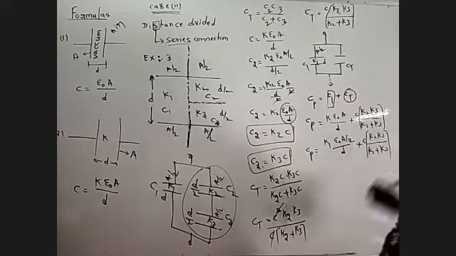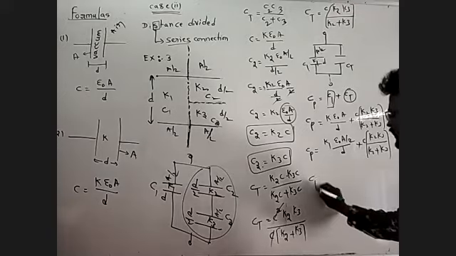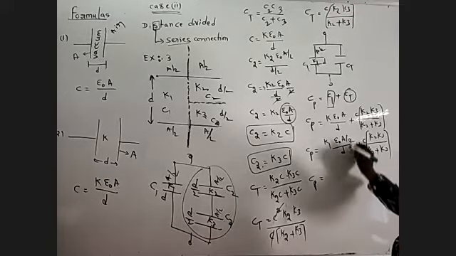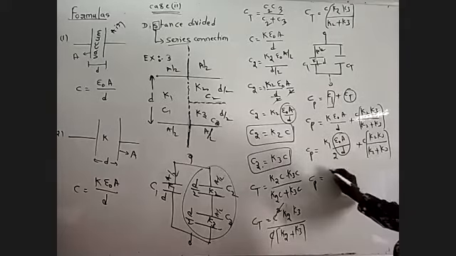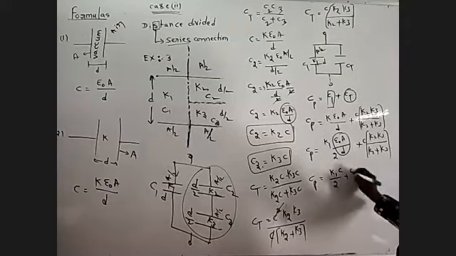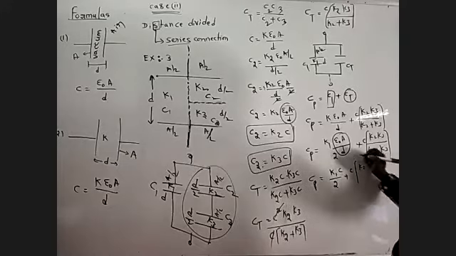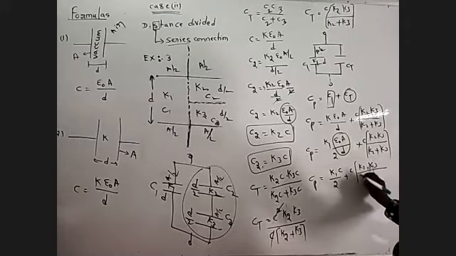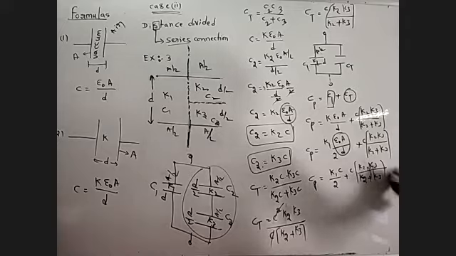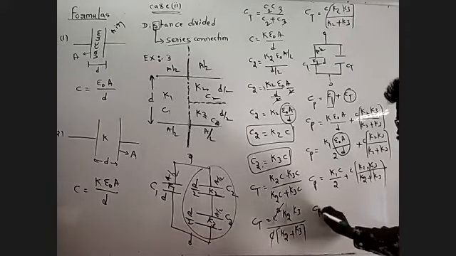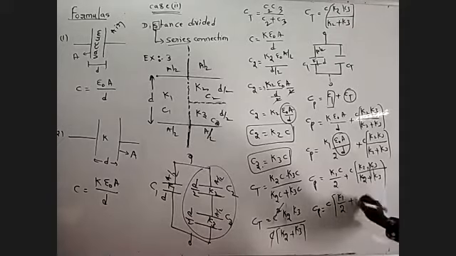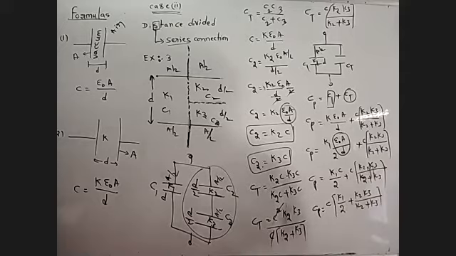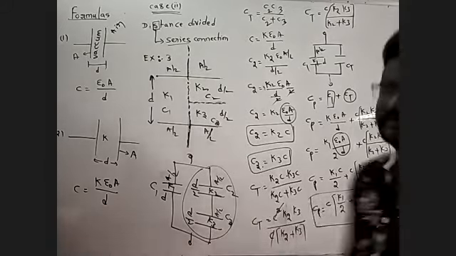Taking the 2 down, this is K1 C by 2 plus C into K2 K3 by K2 plus K3. C parallel is equal to, taking C common, C times K1 by 2 plus K2 K3 by K2 plus K3. This is the final answer.